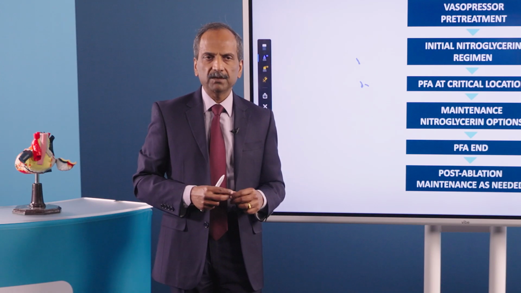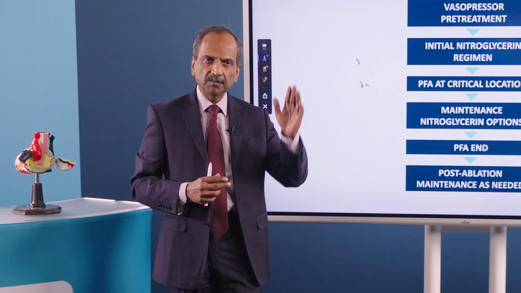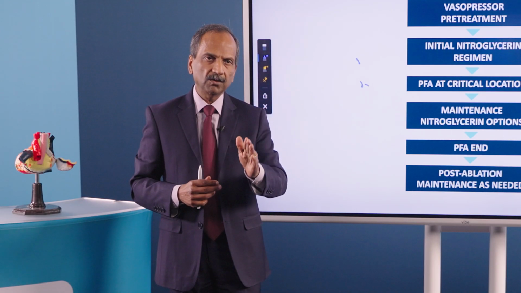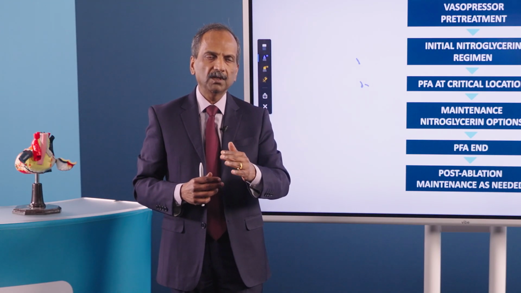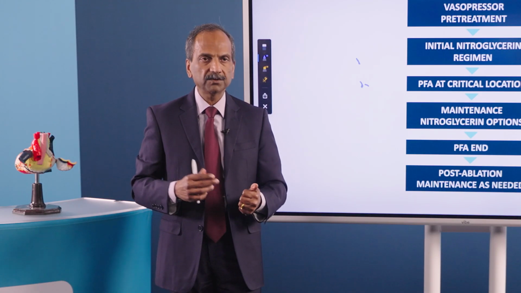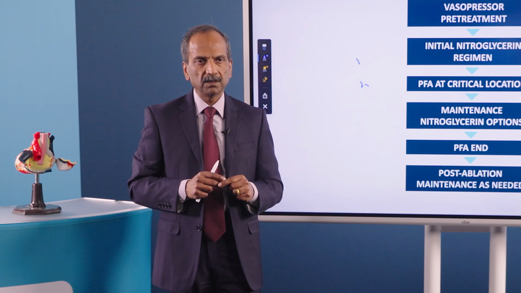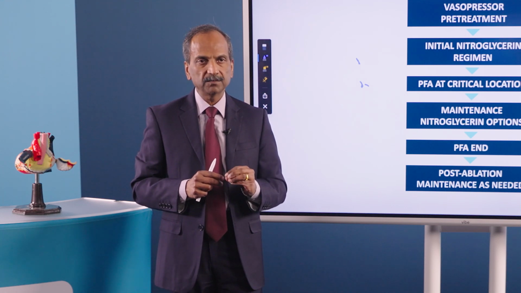With PFA, in the pulmonary veins, we still don't see coronary spasm. But if the electrode gets closer to a significant coronary artery, like the circumflex or right coronary artery with isthmus ablation, then we do see spasm.